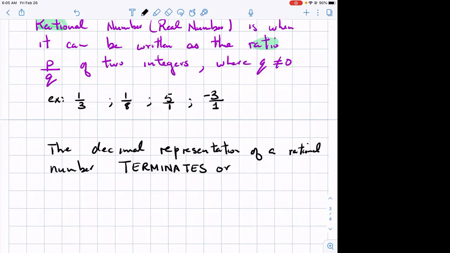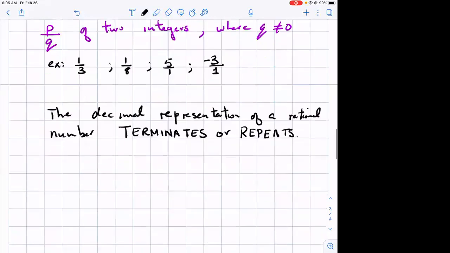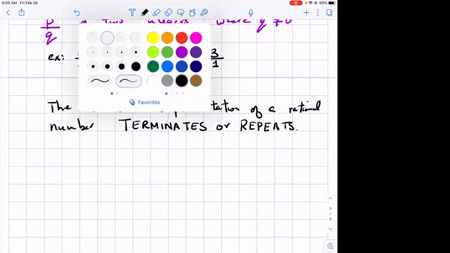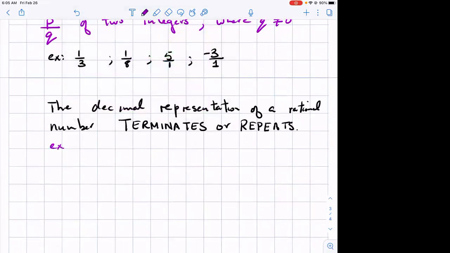And what do we mean by that? For example, 1/3 is the same as 0.3333, and this 3 never ends. That's what we mean by it repeats.